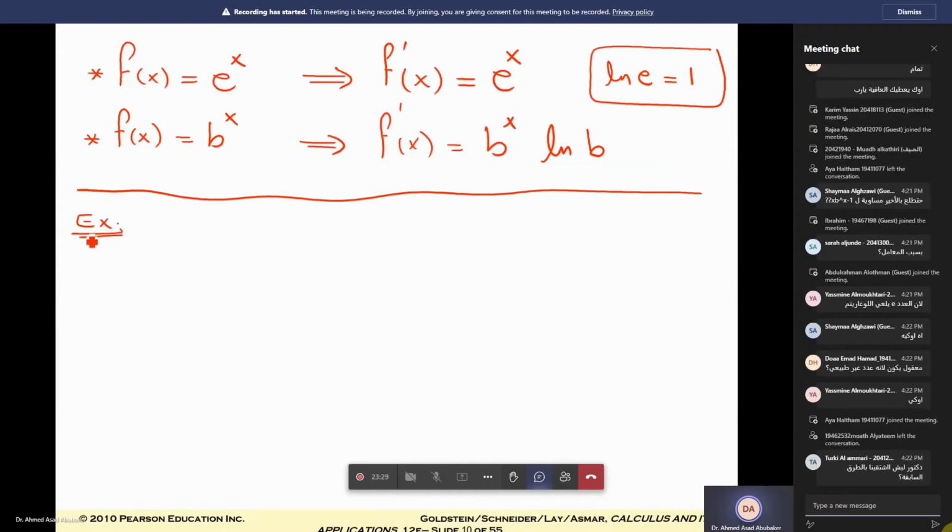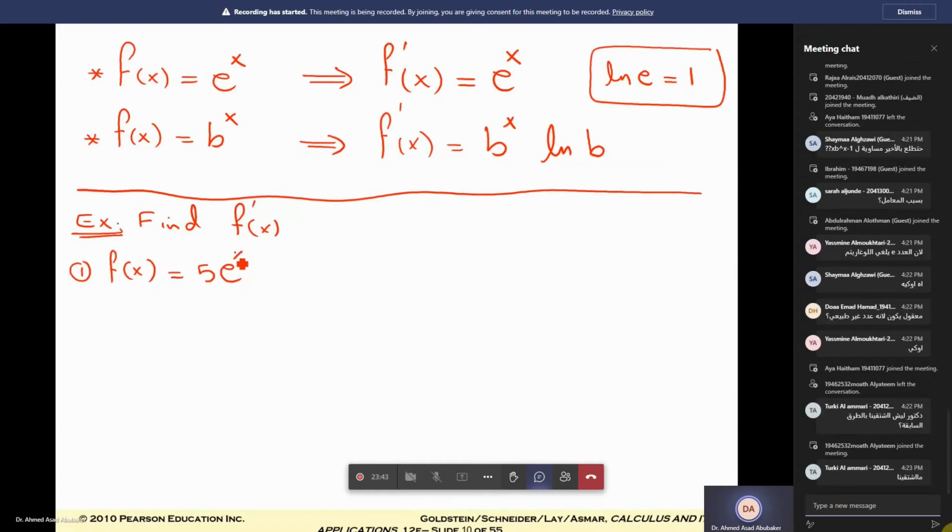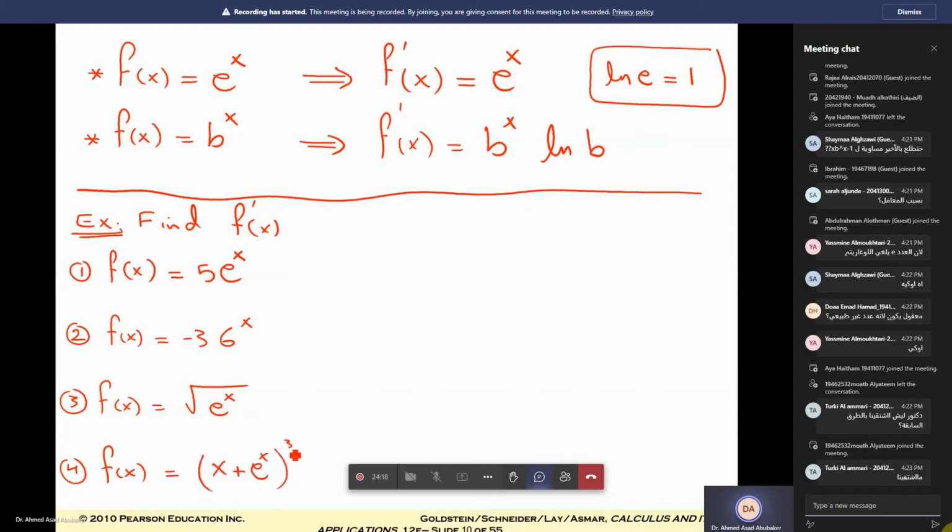Find f prime of x if: number 1, f of x equals 5 e to the power x; number 2, f of x equals minus 3 times 6 to the power x; number 3, f of x equals radical e to the power x; number 4, f of x equals x plus e to the power x, all to the power 3.